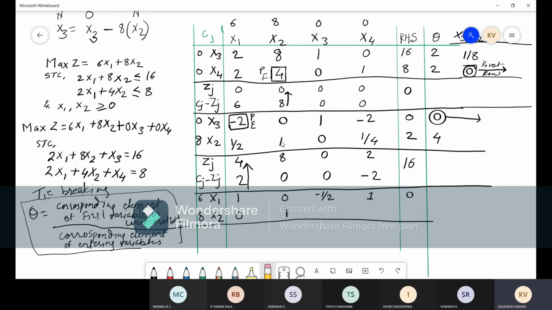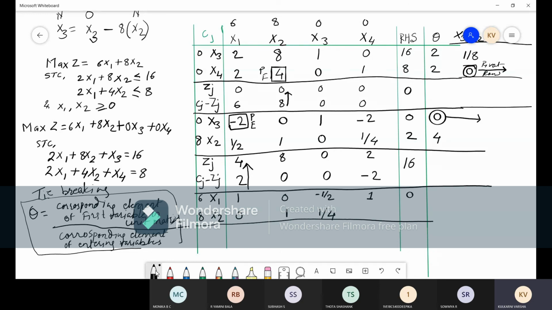So it is getting clear. Now do the same thing: multiply this half by half and subtract it from this 0. You will get plus 1 by 4. Do the same thing over here also: multiply this 1 by half, so it will be 1 by 2, and subtract it from 1 by 4.